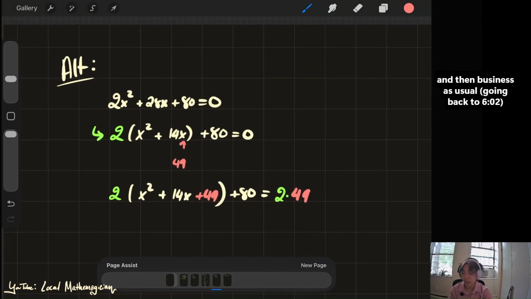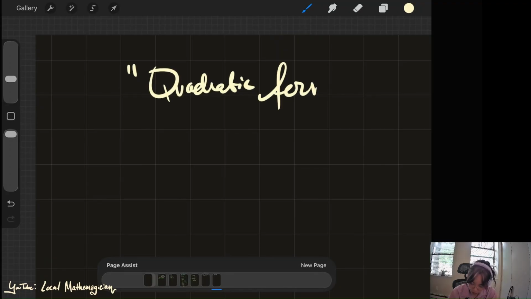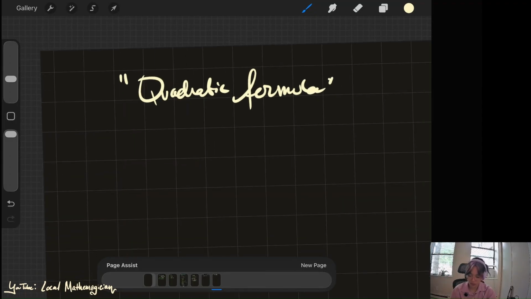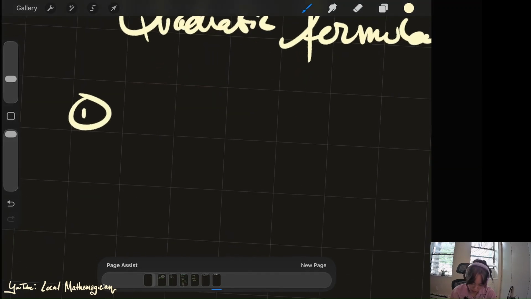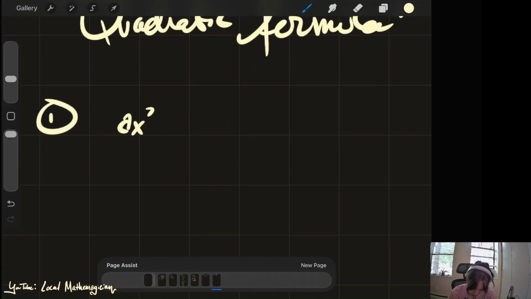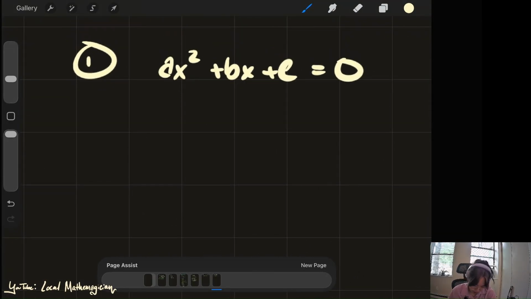All right, my friends, the next thing we will cover is the quadratic formula. Okay, so first, your equation needs to be of the form x squared plus bx plus c is equal to 0.